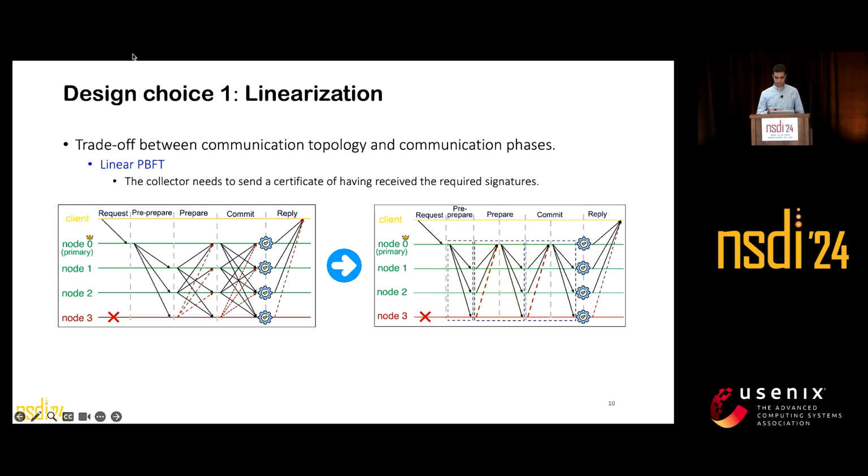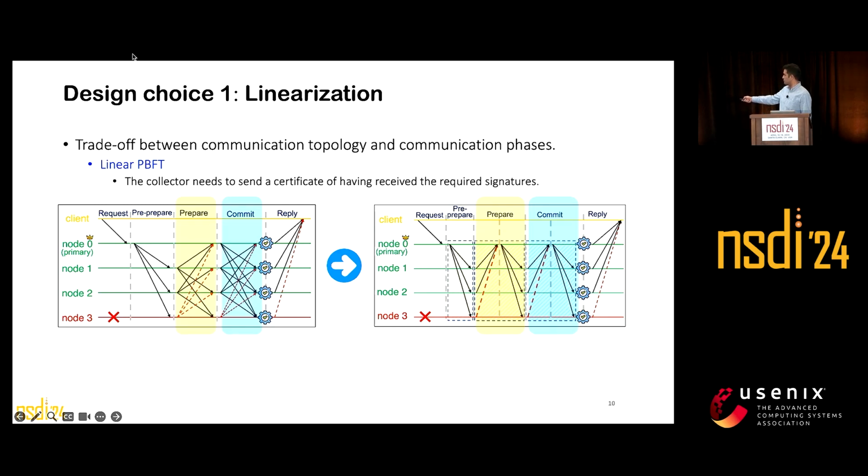So for example, linearization: we have PBFT, and it replaces each O(n²) communication phase of PBFT with 2 linear phases. And as you can see, there is a collector, possibly the leader, that collects all these messages and sends them. If it receives a sufficient number of messages, it sends them to everyone.